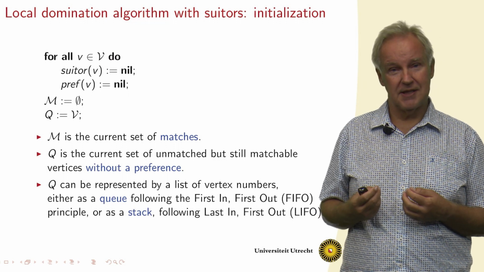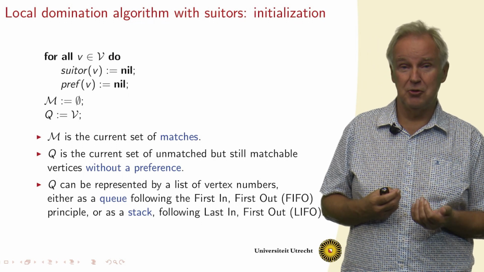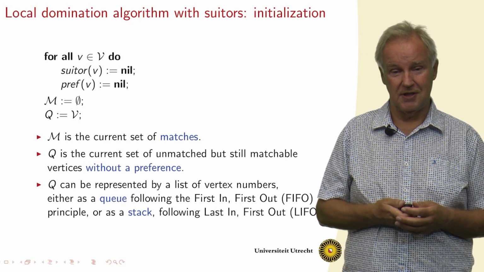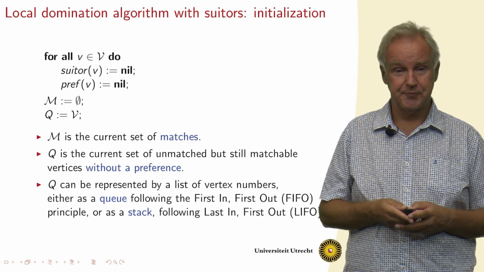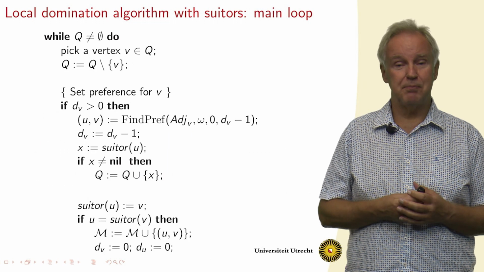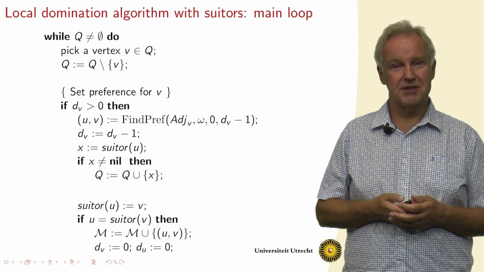So the last one that lost its preference immediately gets a new preference. That's a different approach. It gives different algorithms, really. This is the main loop of the algorithm. It has several parts.